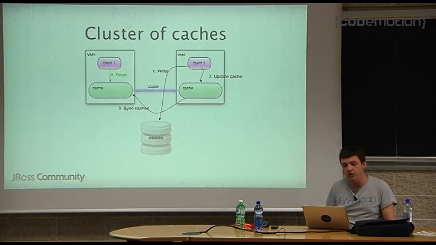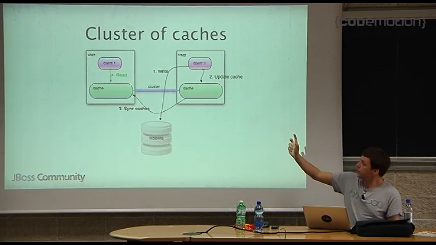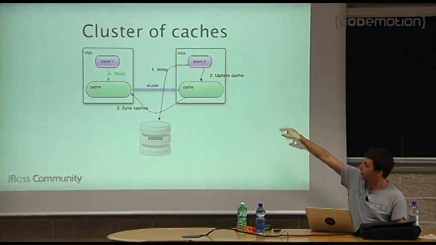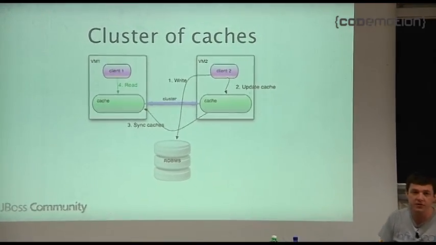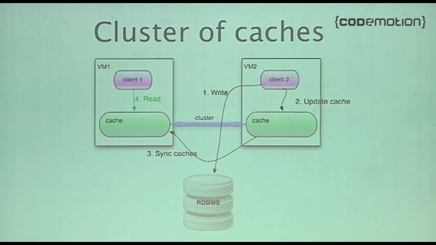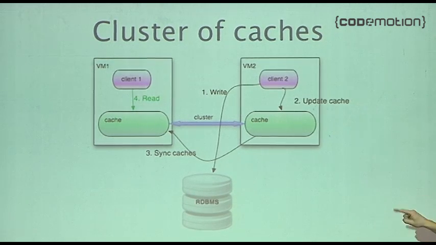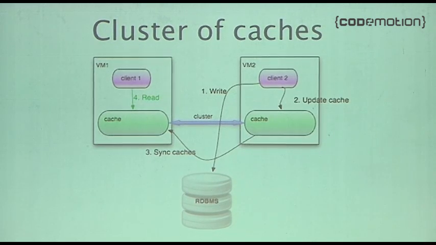But what you can do is just use a cluster of caches. So in this situation, you have two clients running in two independent processes, or JVMs, just to say that they are Java clients. So the basic idea is that when you write to the database, you also update the cache.